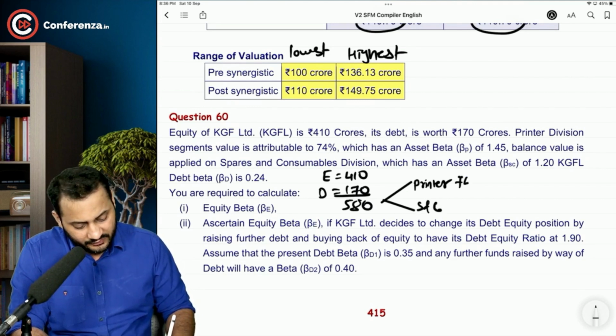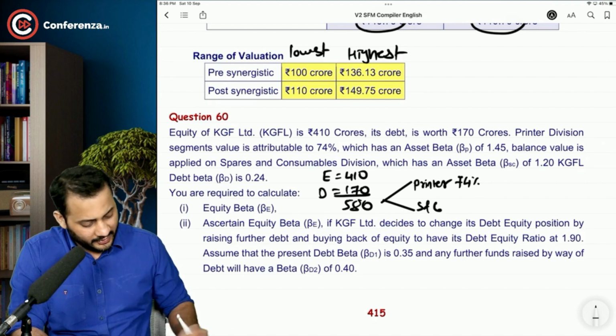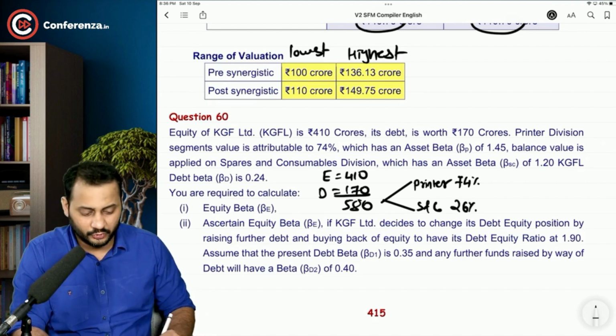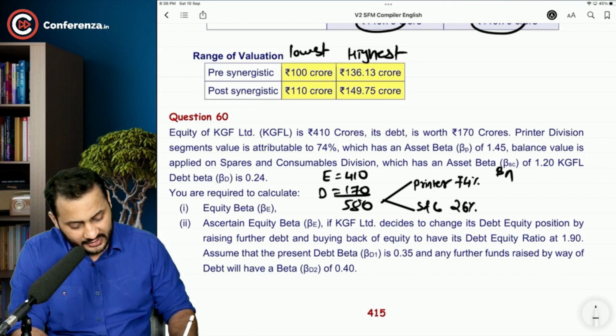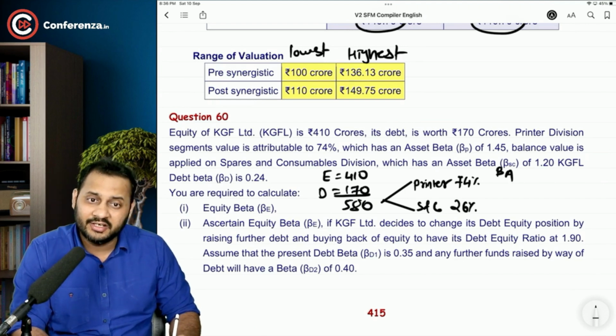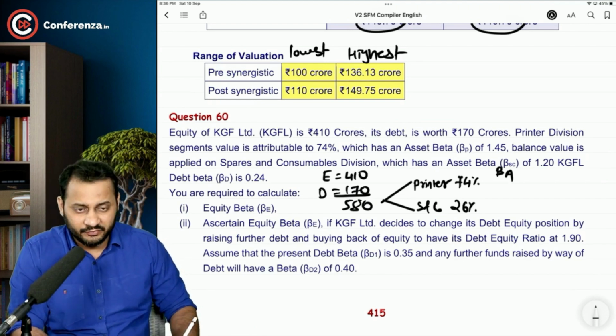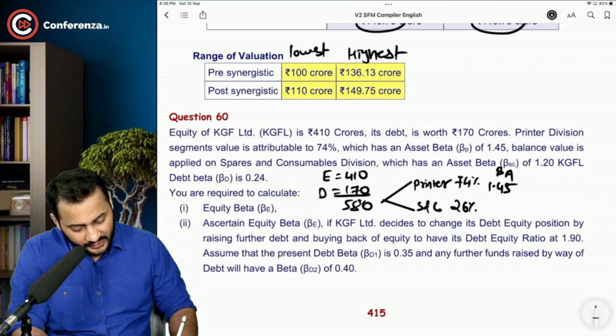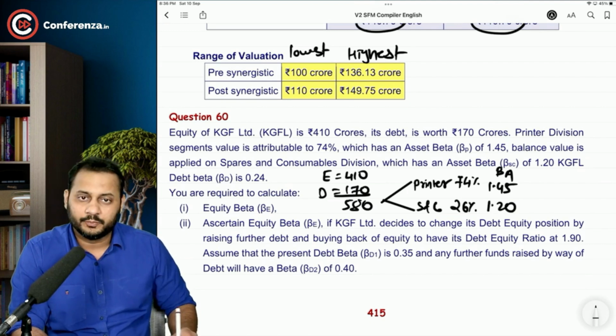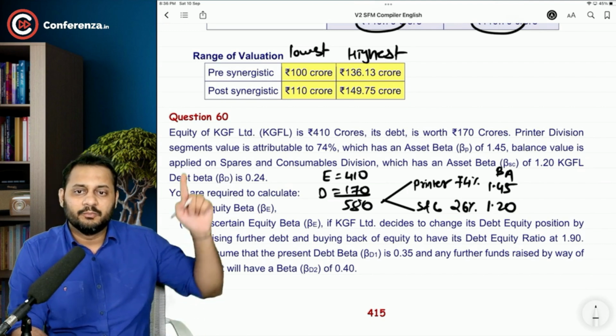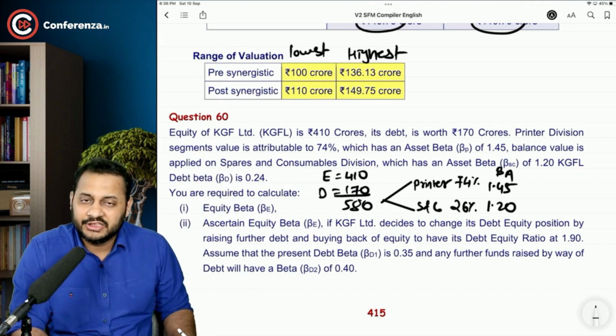This constitutes 74% of the total value, and this constitutes 26% of the total value. The asset beta, not the geared one, the ungeared beta of both is given, which is 1.45 and 1.20. This is of the company KGF Limited.